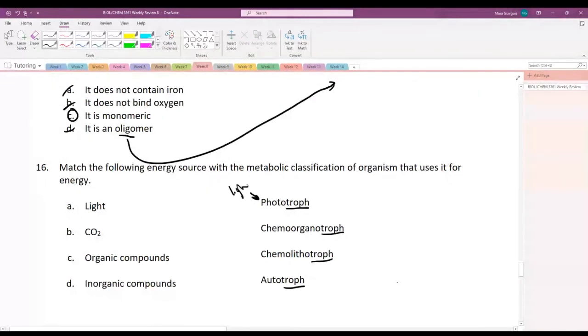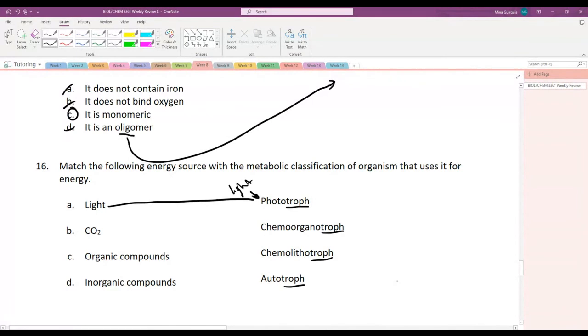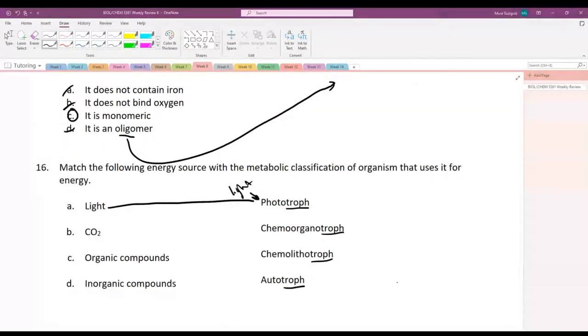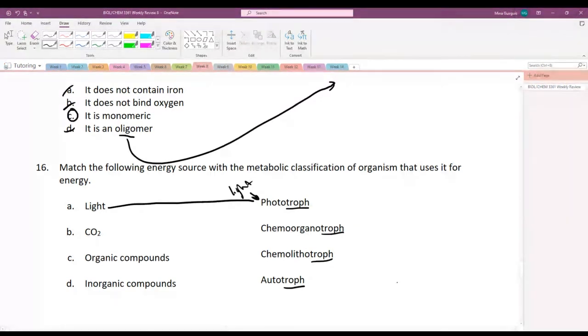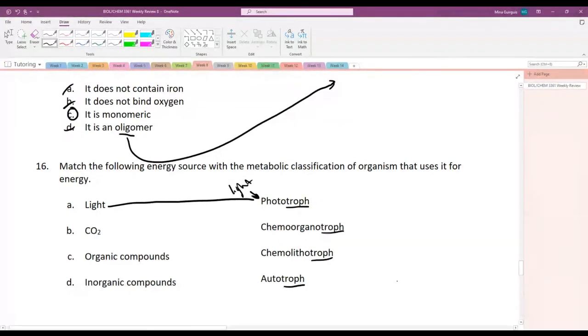It means light. So a thing that uses light for energy is a phototroph. Plants, for example, are phototrophs. We see chemotrophs or chemoorganotrophs and chemolithotrophs. I think you can piece together based on organo that it's probably organic compounds, and you're exactly right.